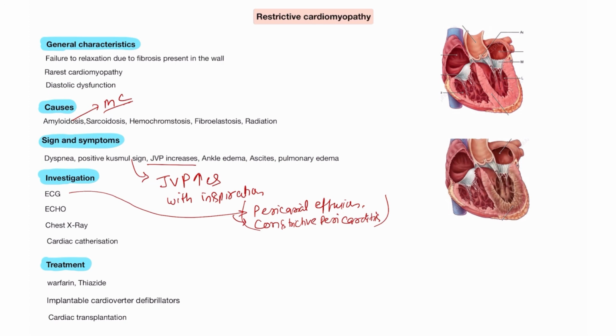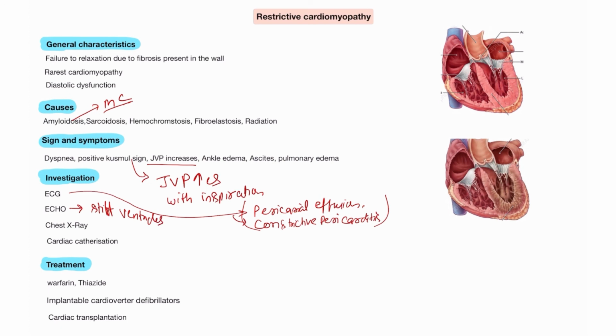What about the echo? In the echo of the patient, you will see the stiffness of the ventricle, meaning due to the fibrosis of the ventricle, stiffness occurs. So you will see stiff ventricles in the patient with restrictive cardiomyopathy.